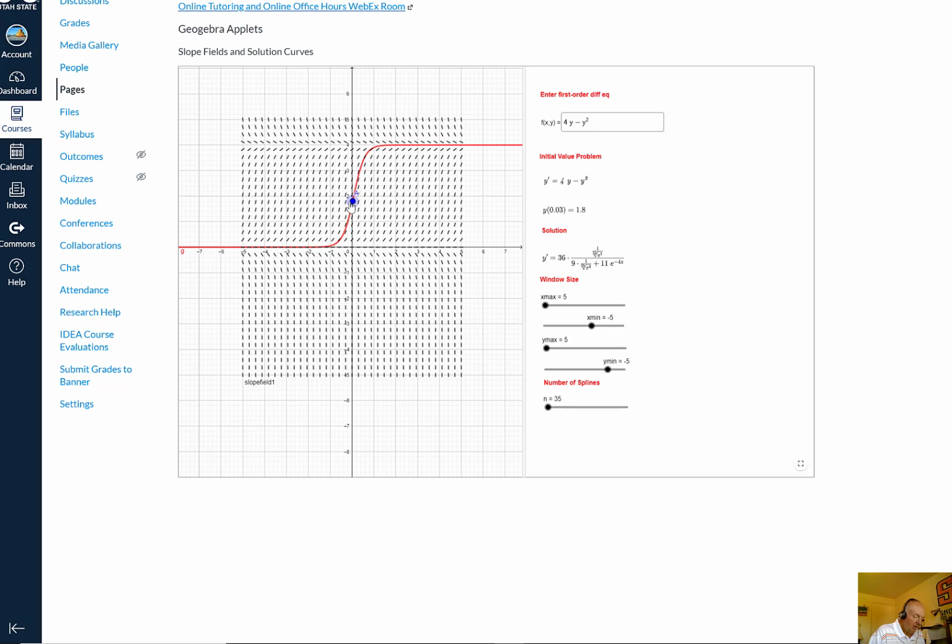If our initial population, the population at time 0, is 1.8, our population is going to grow and grow until we hit our carrying capacity of 4, and then it's going to become asymptotic there. It doesn't matter where we start at time 0, the population grows until it hits that carrying capacity.